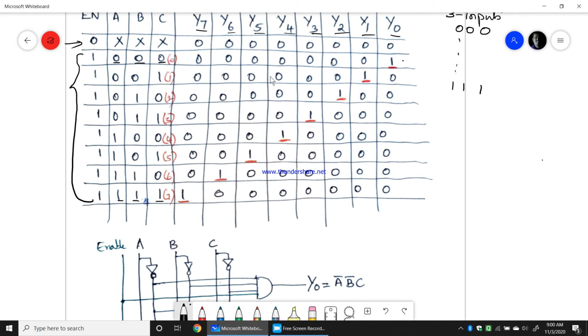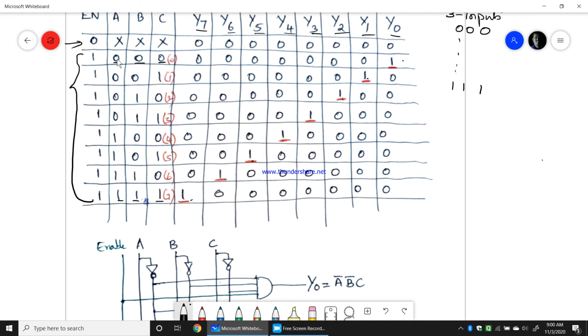Similarly 0 0 1, y1 will be selected, 0 1 0 y2, 0 1 1 y3, 1 0 0 is y4, 1 0 1 is y5, 1 1 0 is y6, and 1 1 1 is y7.